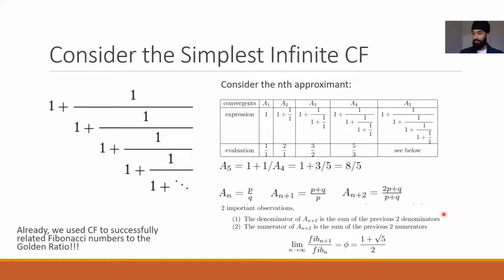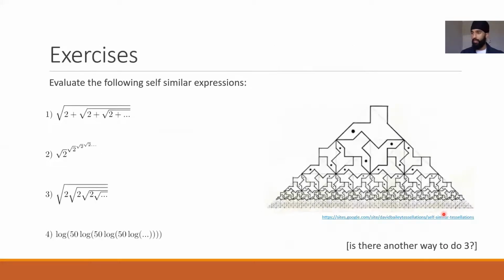So yeah, we successfully related Fibonacci numbers to the golden ratio. Here are some exercises if you want to try out the trick I explained before. I made some of these questions up, and it would be great to know that somebody actually tried them out.